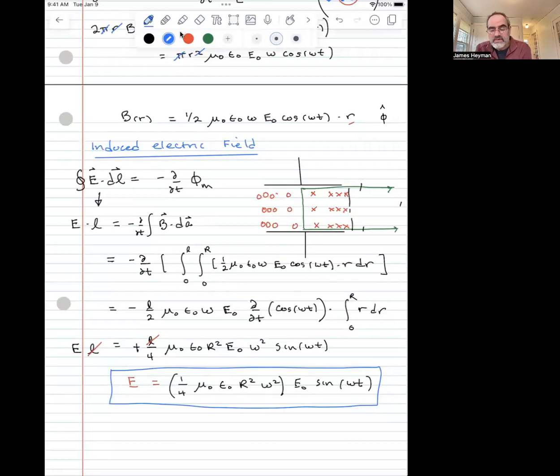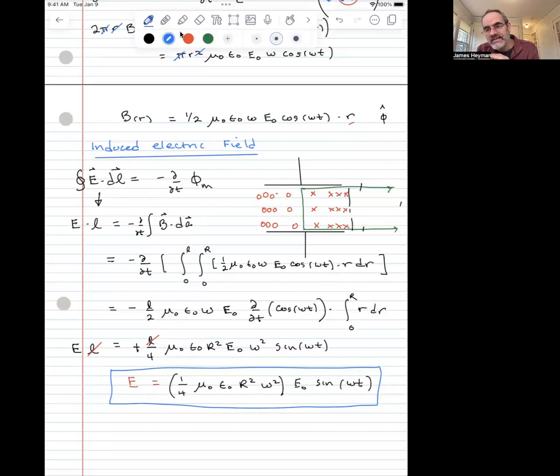Okay, so here's what we've done so far. In 2 steps, we found the induced magnetic field and then the induced electric field created by the changing magnetic field. And we got this expression here. Now, what I want to drive home to you is that according to this formula, under certain conditions, the induced electric field will be exactly the same as the original electric field.